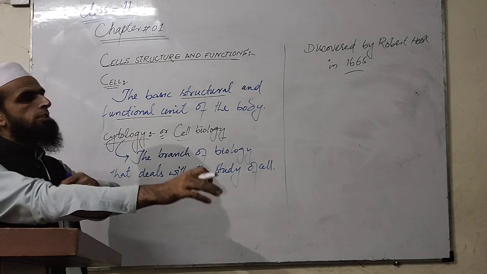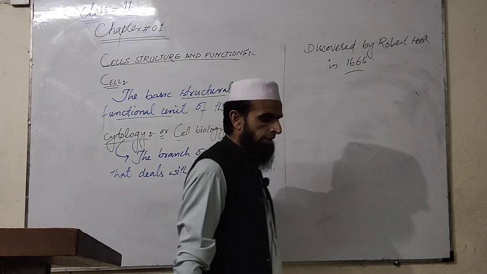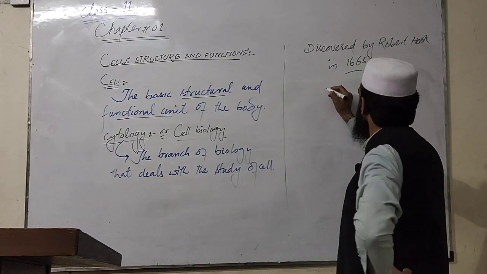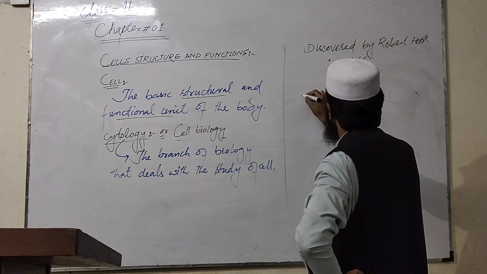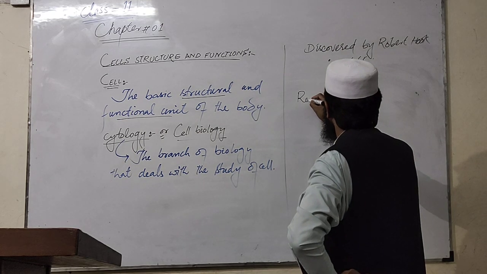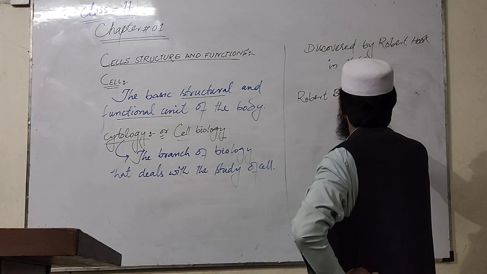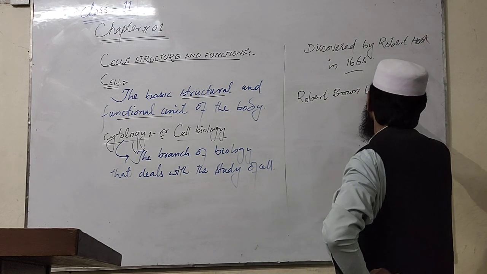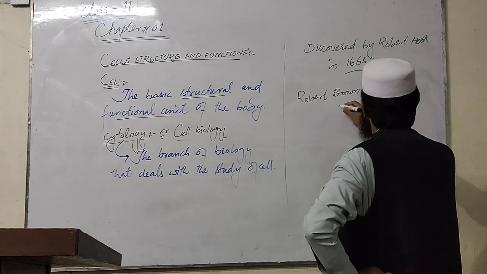One of the major components of the cell is its nucleus. The nucleus of the cell was discovered by Robert Brown in 1831.